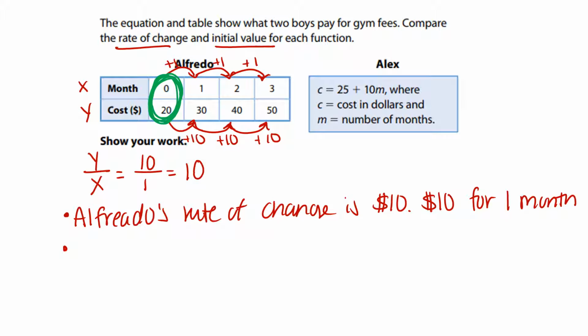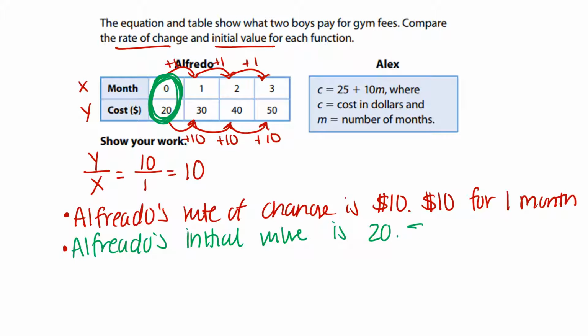So when we're at 0, we're starting at 20. So Alfredo's initial value is 20. It costs $20 up front, a $20 fee in the beginning.